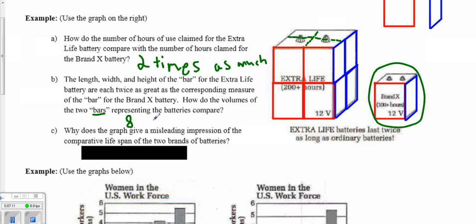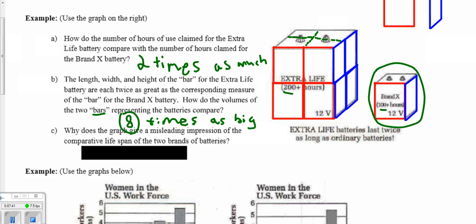Well, it's actually 8 times as big. So even though this height is 2 times the height of this one, because 200 hours and 100 hours, when we draw it out 3-dimensionally like this, making the height be twice as big makes the volume 8 times as big.